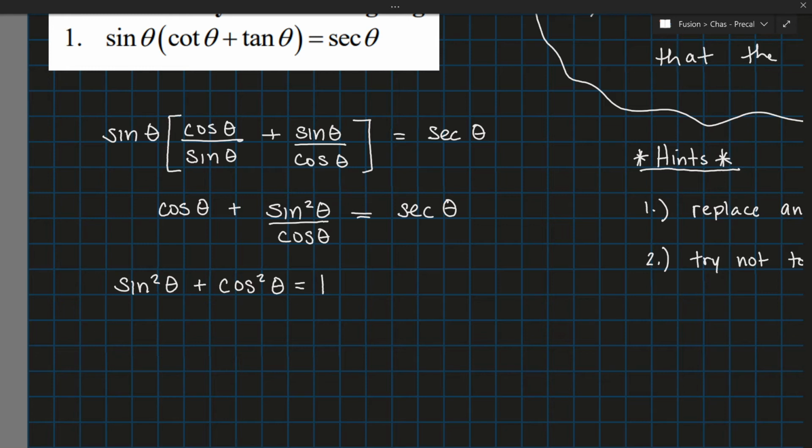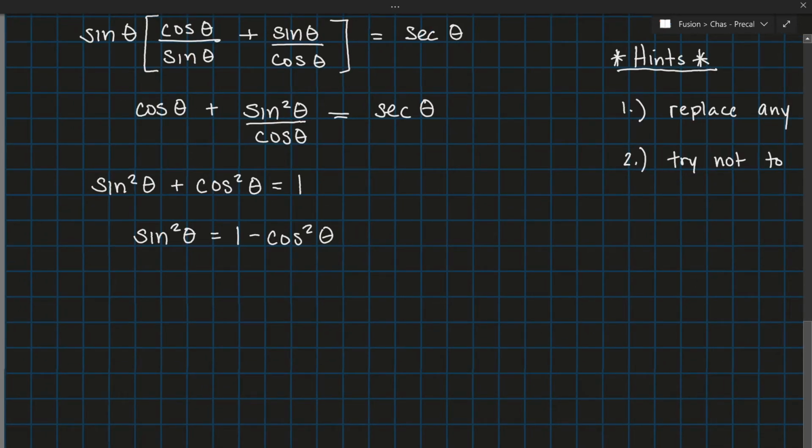Because then what we get is sine squared theta equals 1 minus cosine squared theta. And now we have something that's equal to just sine squared theta. Got it. And now we can just replace it with 1 minus cosine squared theta in our equation.